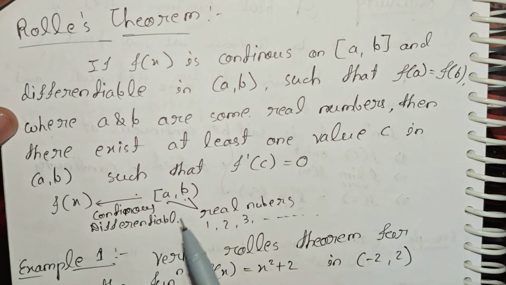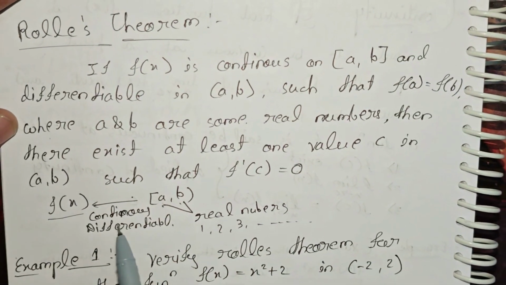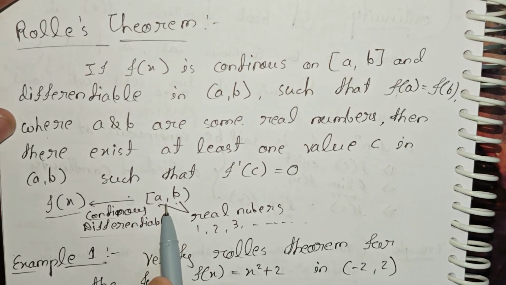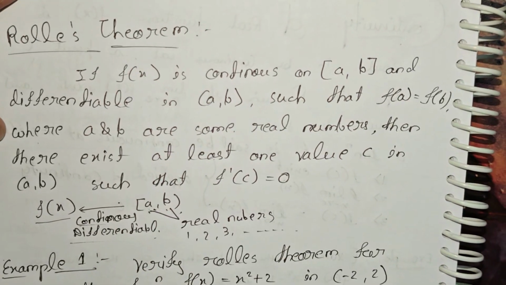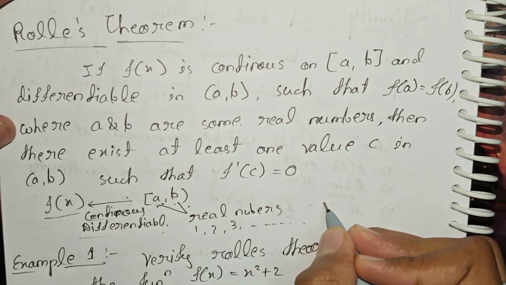So when the function is continuous and also differentiable on a, b, then there exists at least one value c in (a, b) for which we have f dash of c.